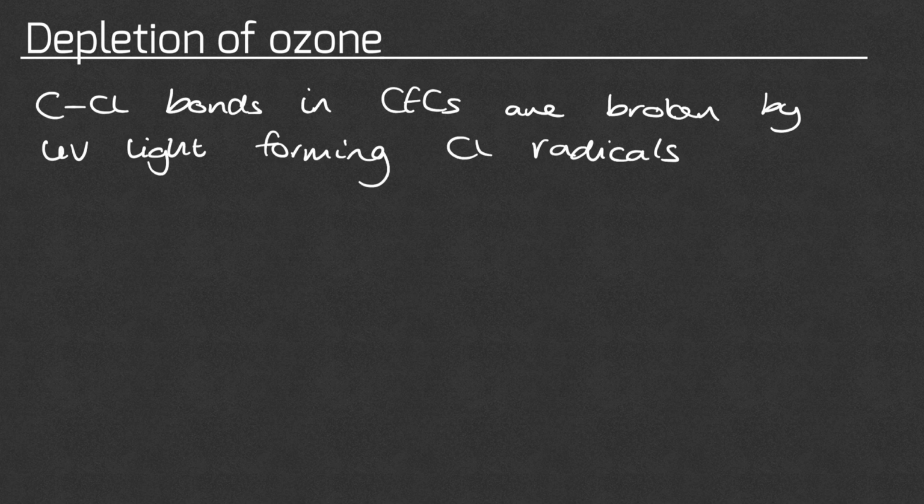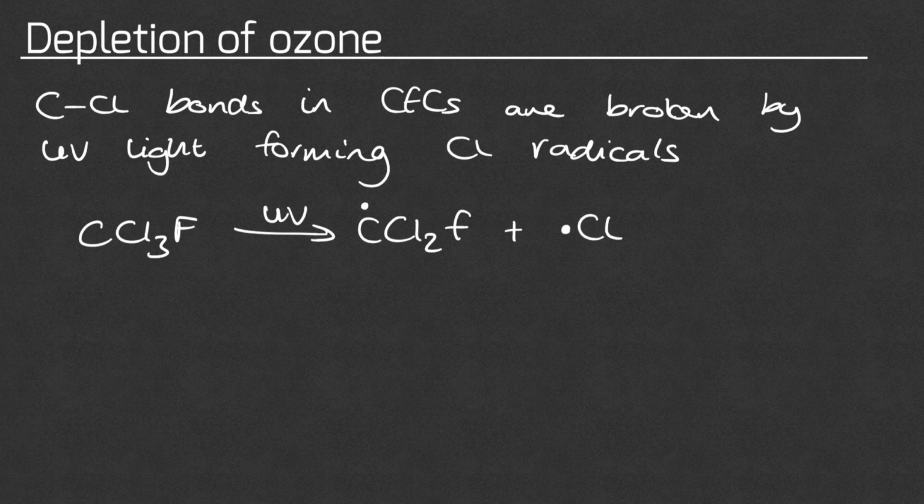The carbon-chlorine bonds in CFCs are broken by UV light, forming chlorine radicals, very similar to the initiation reactions we've looked at earlier. So, for example, CCl3F under UV light will form a radical here and a chlorine radical.